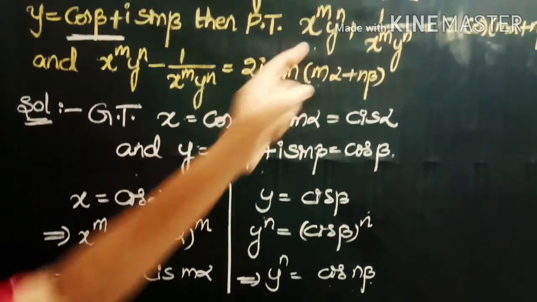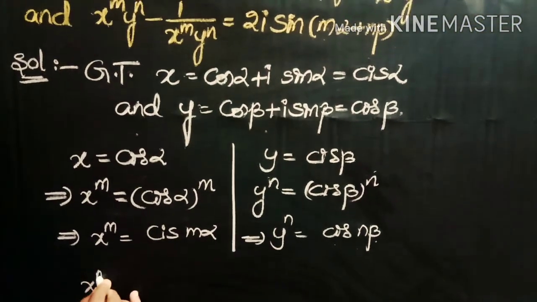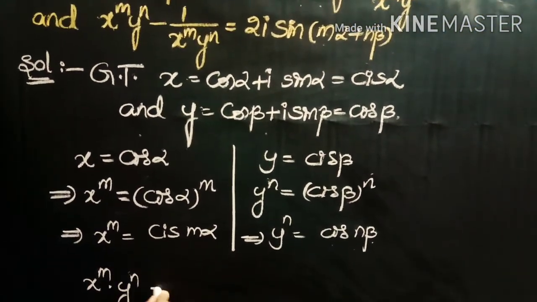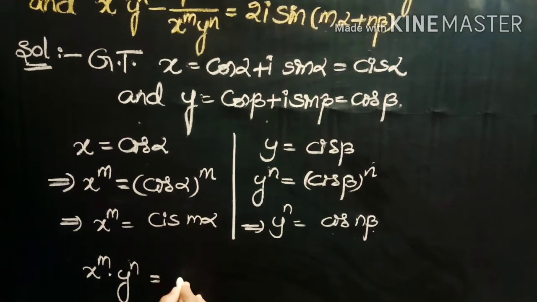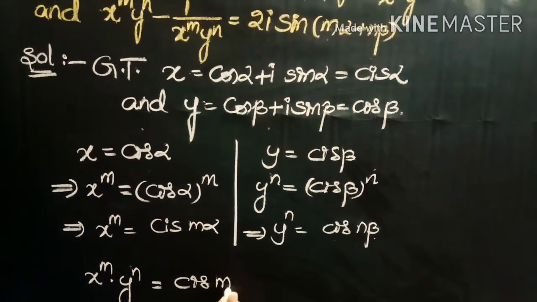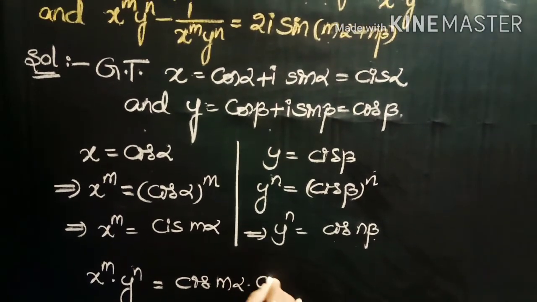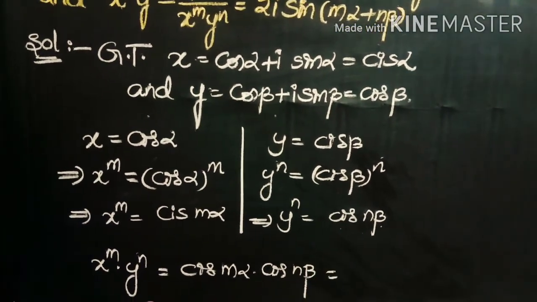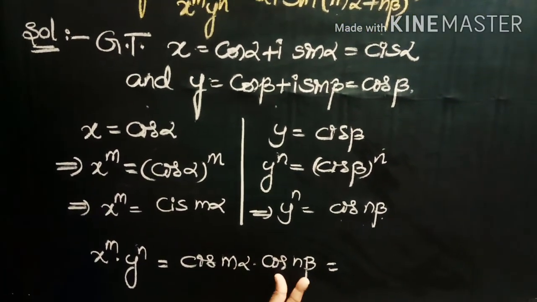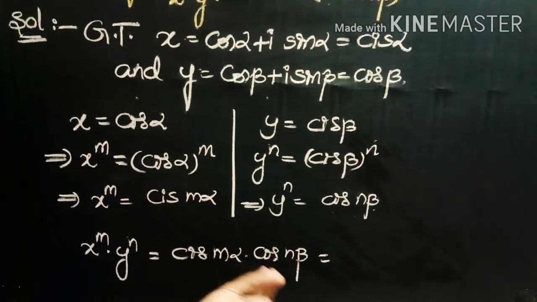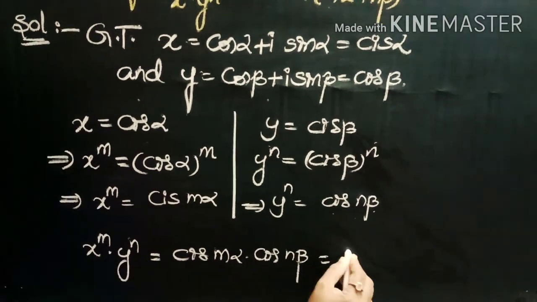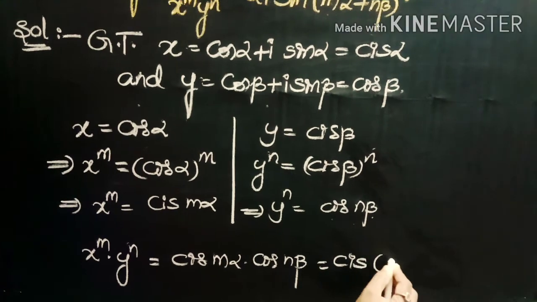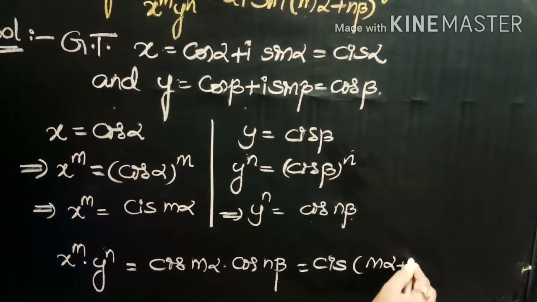So taking the product of these two values, x^m y^n is equal to x^m value cis mα into y^n value cis nβ. Now this is in the form of cis θ1 into cis θ2, that is cis of θ1 + θ2, which is nothing but cis of (mα + nβ).